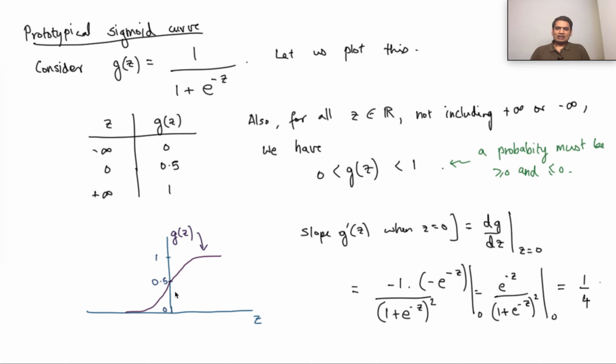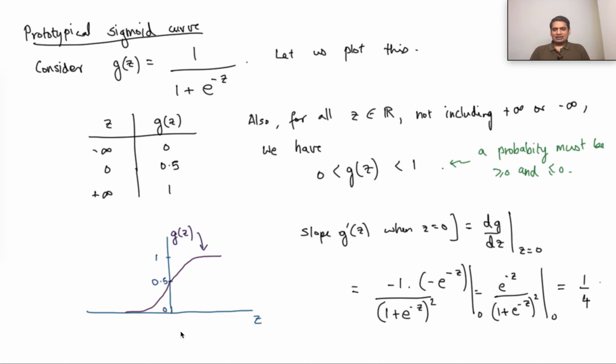You can also show that this function is always increasing. You can differentiate this function once and show that it's a positive quantity. The expression for the slope of the function is e power minus z divided by 1 plus e power minus z whole square. This is a positive number, this is a positive number, so this is always positive, so it's monotonically increasing, and it so happens that the slope at z equals 0 is 1 over 4.